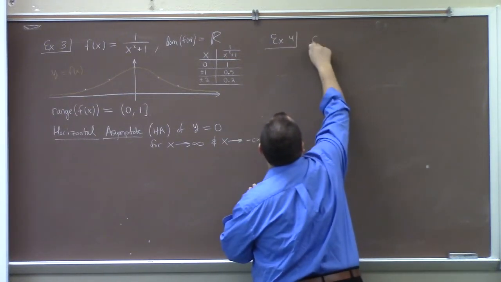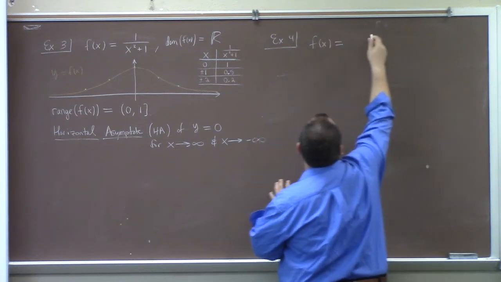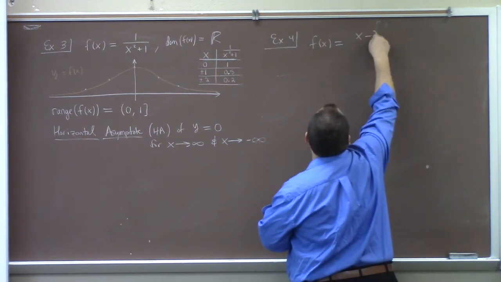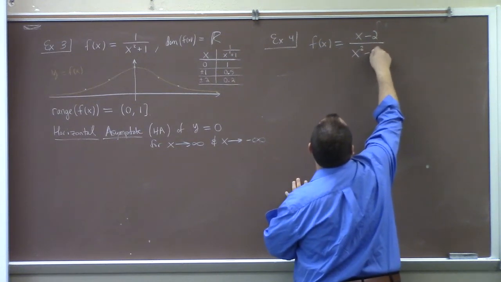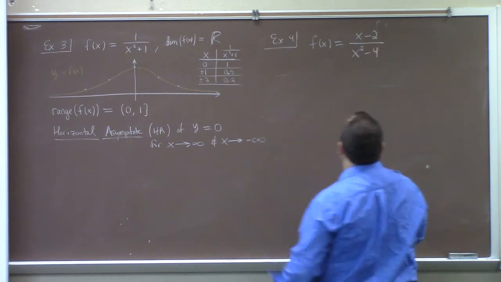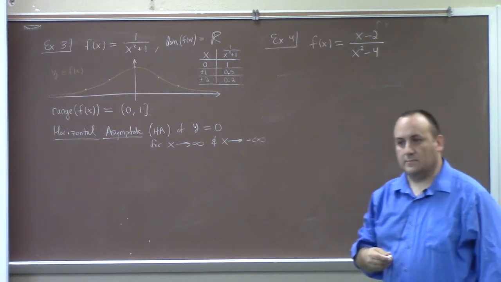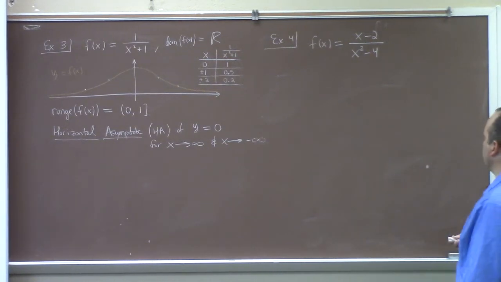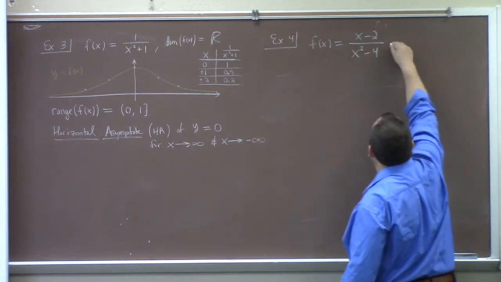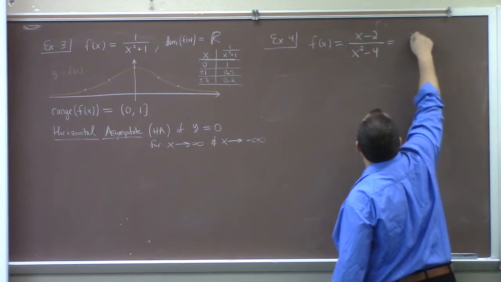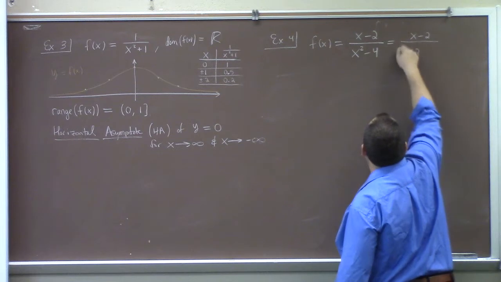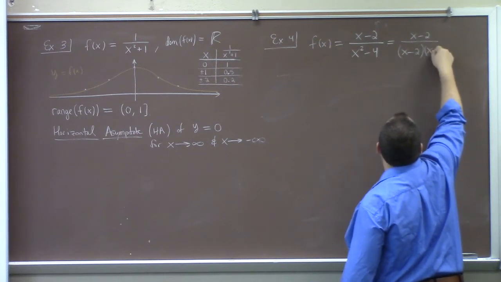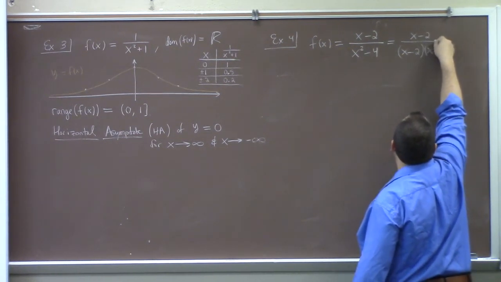All right, so f of x equal to x minus 2 over x squared minus 4. All right, let's try to graph this thing. So take my advice. First of all, I should factor completely the denominator.